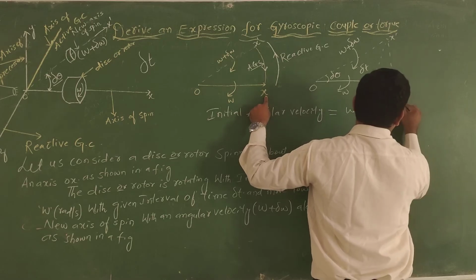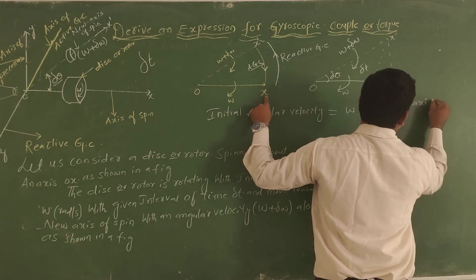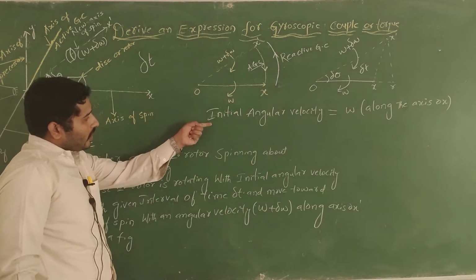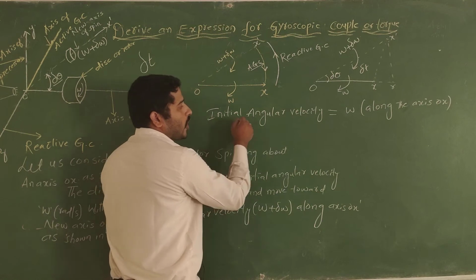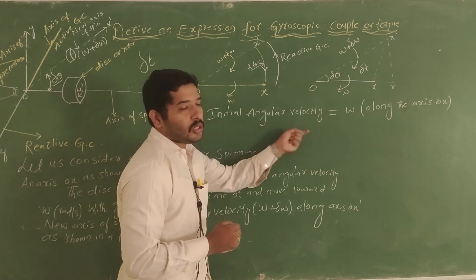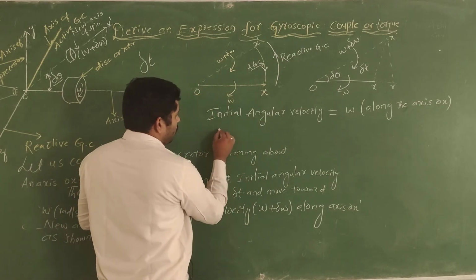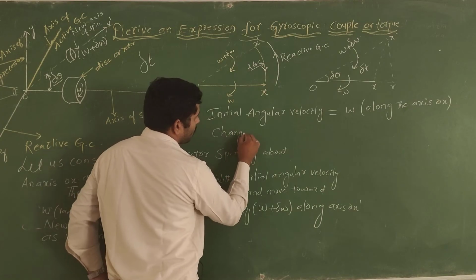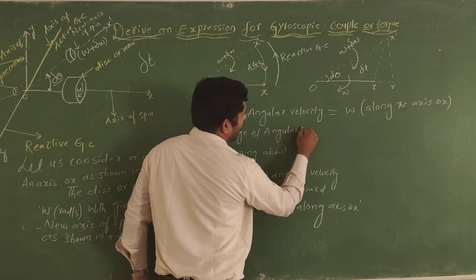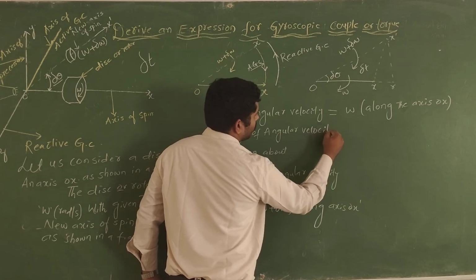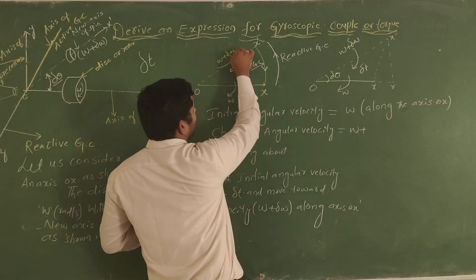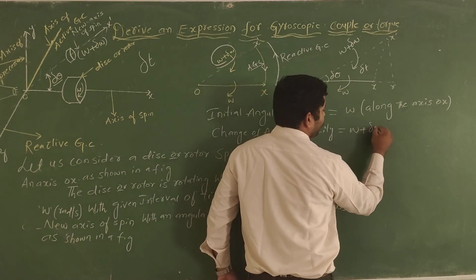Along the axis OX. Okay dear, and here we have to represent the change of angular velocity, or the final angular velocity. The formula is omega plus delta omega.